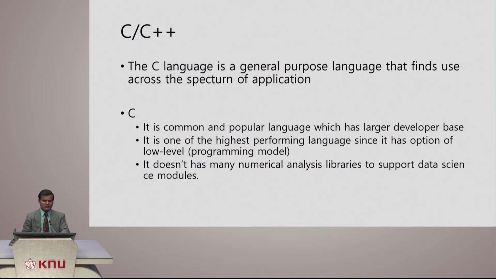That's another reason, which means that if you get stuck with some issues, you have to solve them by yourself, which is quite hard in C and C++. Those are some of the disadvantages of C and C++. That's why today many people are not using C and C++ for data science purposes. We will be checking other languages.